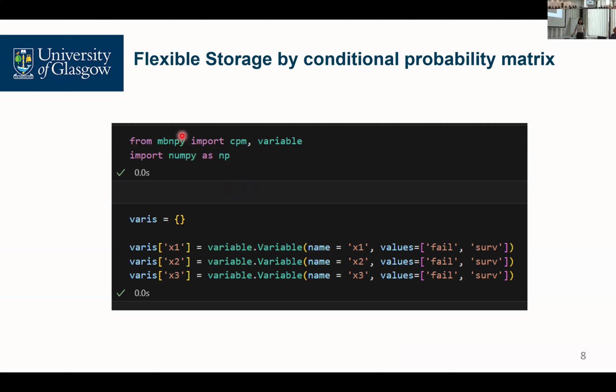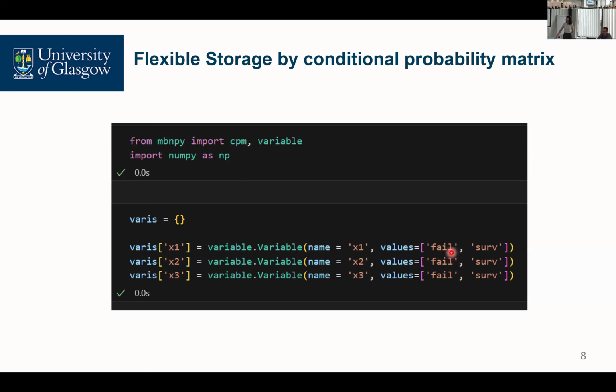You can pip install it, and in MBNpy we use two variable types, CPM and variable. First, in variable, we store the information of variables. You need to provide two pieces of information, name and values. For name, we store the name of the variable, and in values, we specify for each state what meaning is referred to.